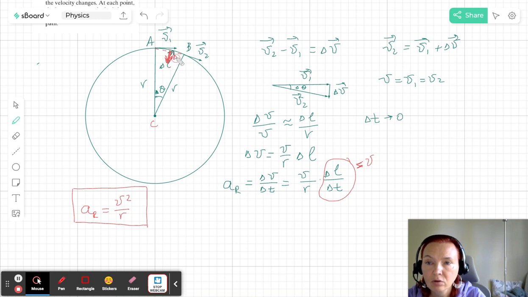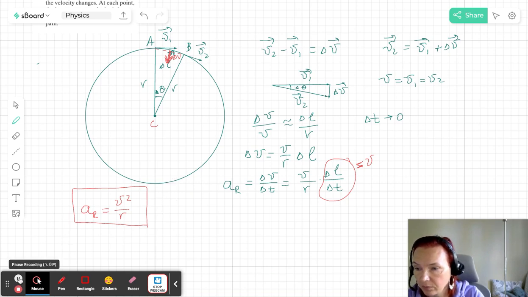So since delta V is pointing towards the center of the circle, that means that our acceleration is also going to be pointing towards the center of the circle. The object is trying to fall down, so to speak, to the center of the circle. And that's why this acceleration is called centripetal acceleration or radial acceleration.